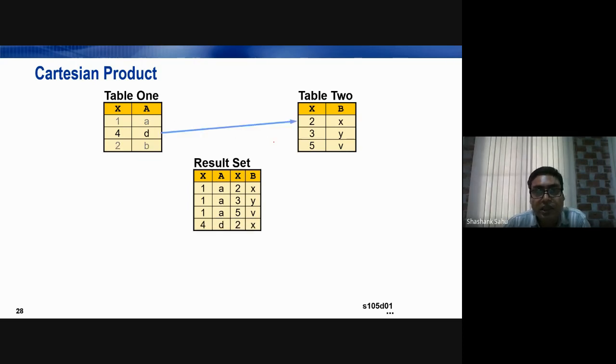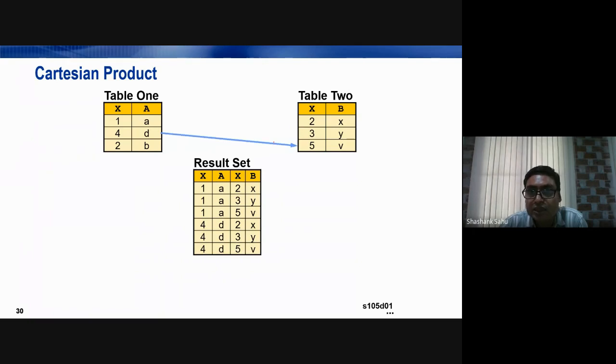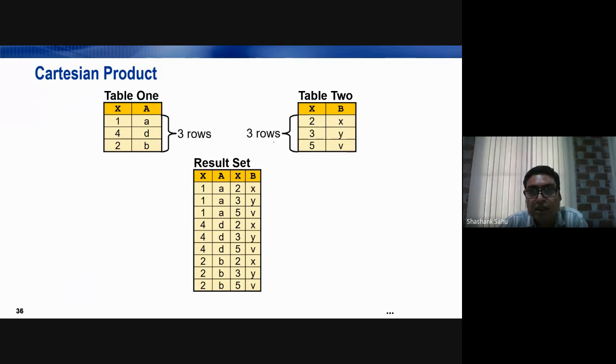Then we'll take the second row of the first table, match with the first row of the second table. Accordingly, second and second is matching, second and third is matching. Then it will take the third row, match with the first row of the second table. Third and two is matching, and third and third is matching. There are three rows, and the number of rows in the result will be 9.